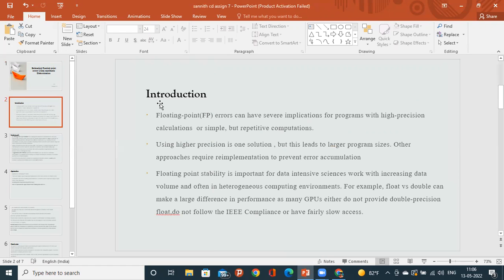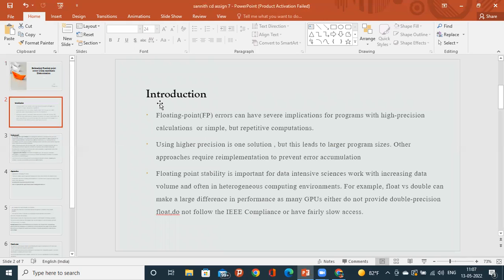So if you get to the introduction part, floating errors can have severe implications for programs with high precision calculations or simple but repetitive computations, as I have said earlier. Floating point stability is important for data intensive science work with increasing data volume and often in heterogeneous computing environments.